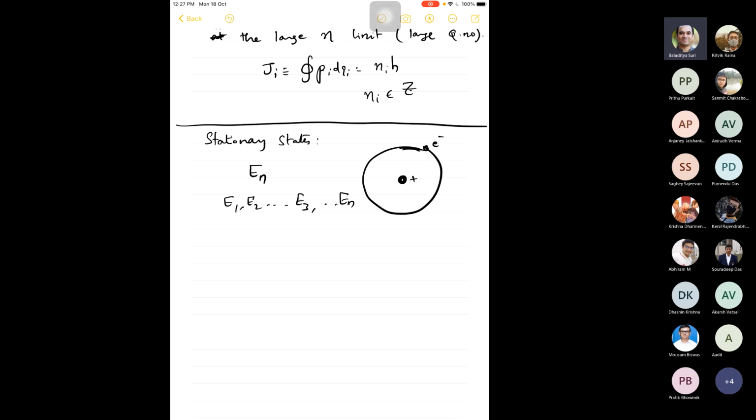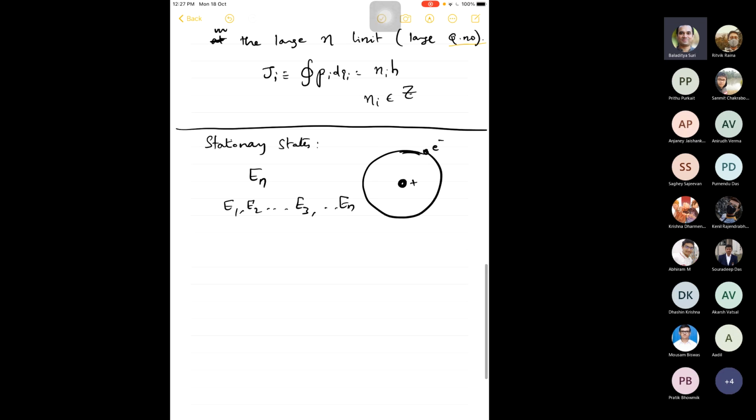Now, classically, as the atom loses energy, what happens to the orbit? The orbit shrinks, and it shrinks further, and finally the atom collapses into the nucleus.